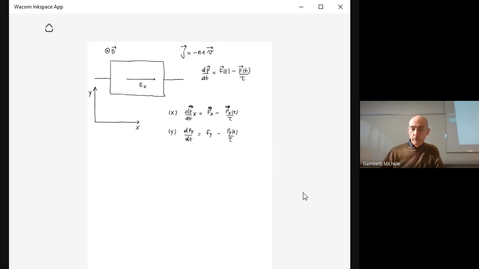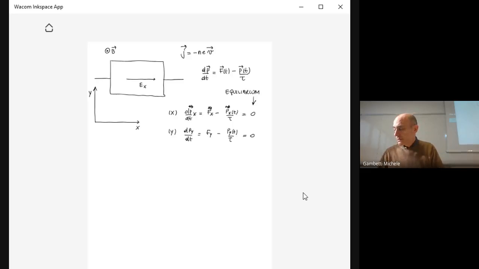So if we're supposed to solve this equation at the equilibrium, this will be equal to 0, and this will be equal to 0, because we're supposed to stay at the equilibrium.